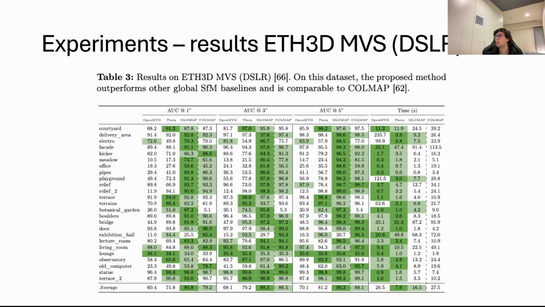GLOMAP is always following up very close, maybe just a couple of points difference, but still GLOMAP in these results, in this baseline, let's say, shines, I would say.